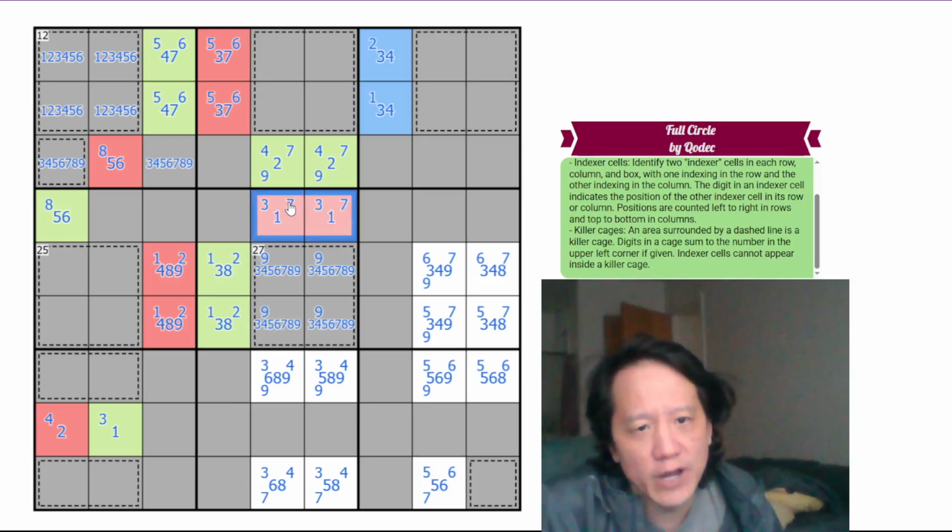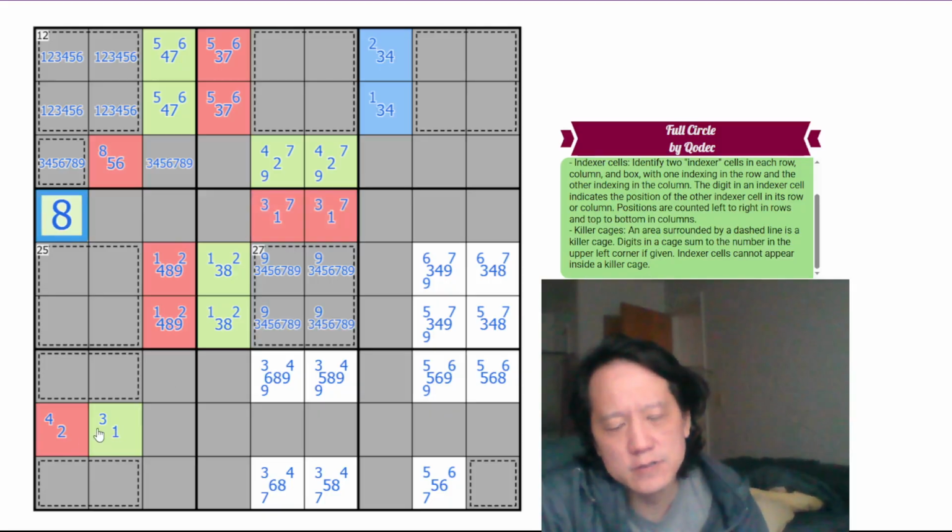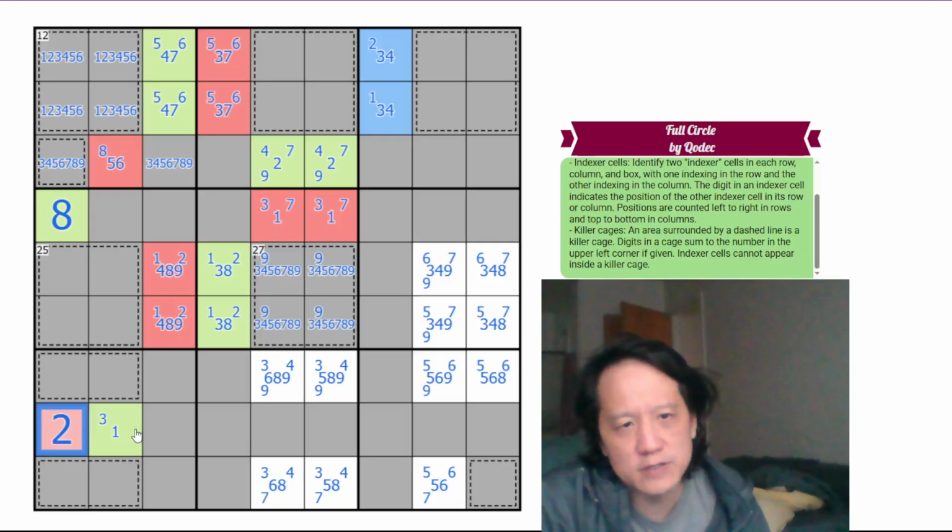Okay, say reds are indexing the rows. That would mean this is 1. This would have to be 8. So red indexes rows. This is 2. This is 5, 6. This would have to be 3.